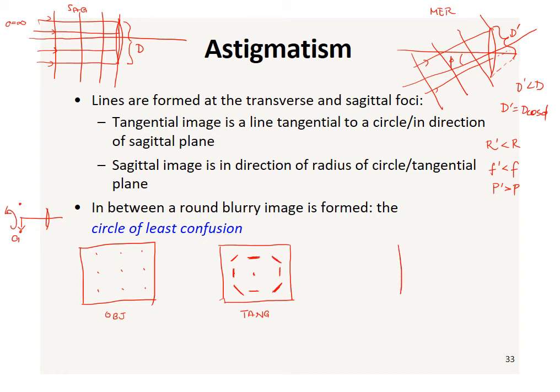Now let's go back even further to the sagittal focus. On axis, the point is still imaged as a point, but the tangential rays have already gone out of focus, so they're diverging again.